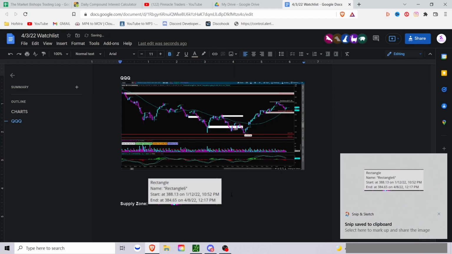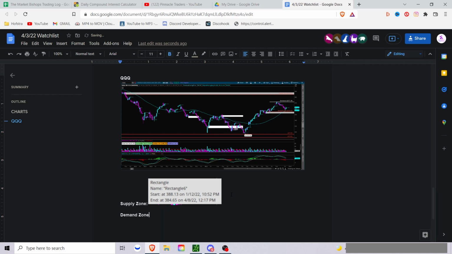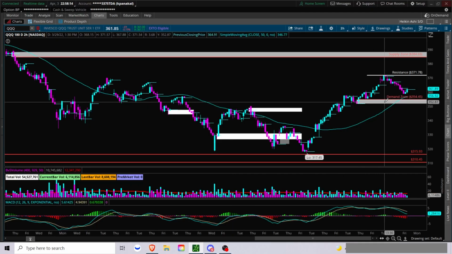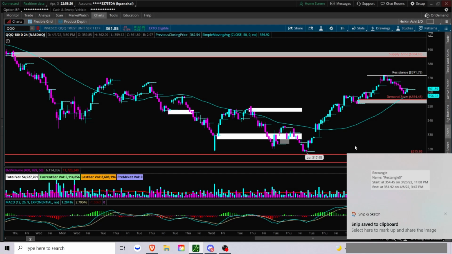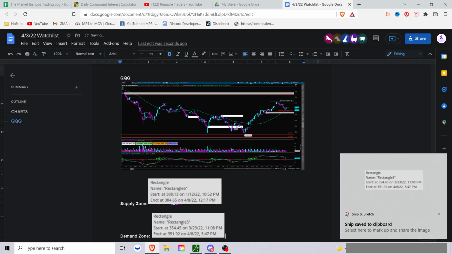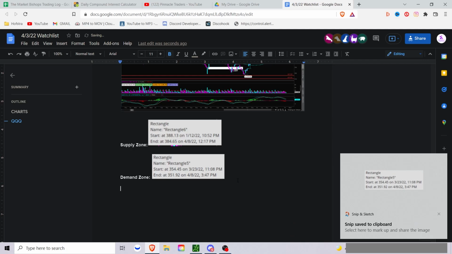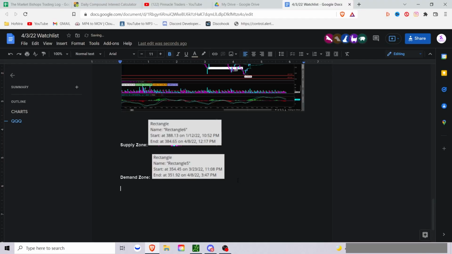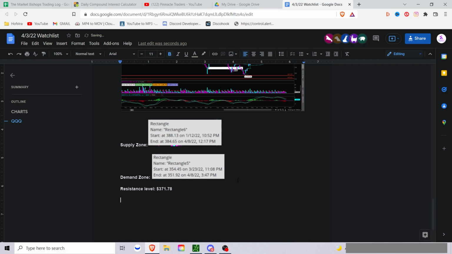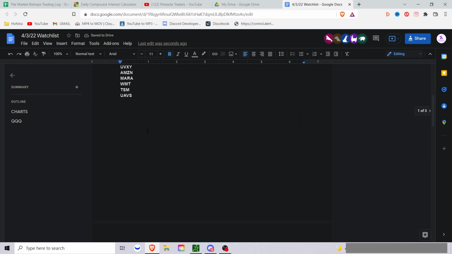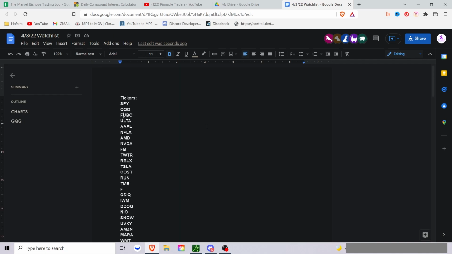Then the demand zone that we plotted was 351.92 all the way till 354.45, and we had one resistance level, which was the top of the recent high, which is going to be 371.78. Alright, sweet. Okay. The next ticker that was highly requested was FUBO.